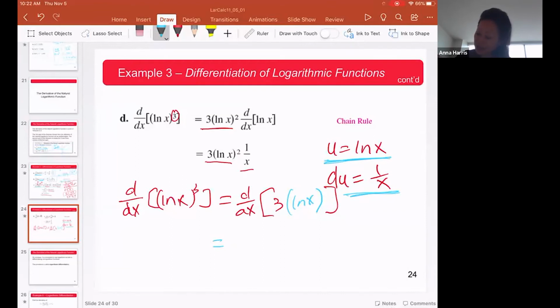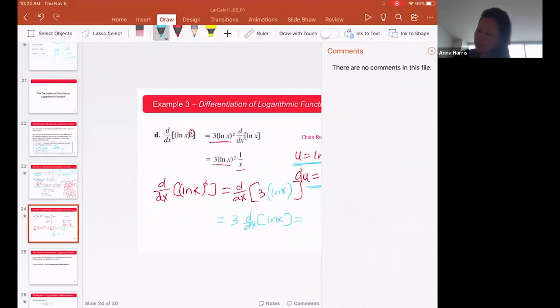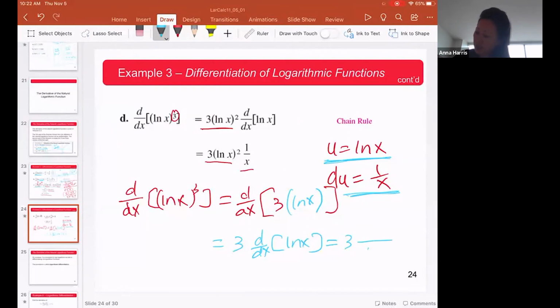So my answer is, what is my u? Remember the definition says, times my u is natural log of x, and you find, so this is what I have.